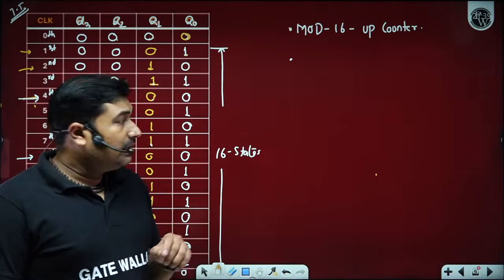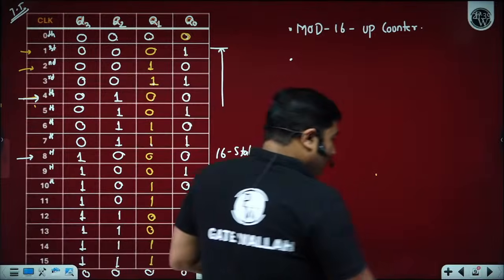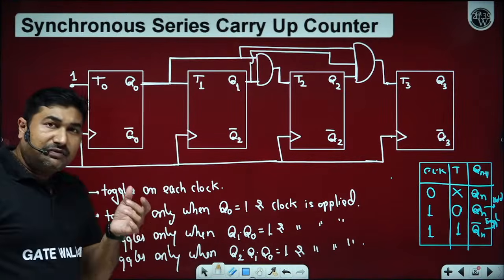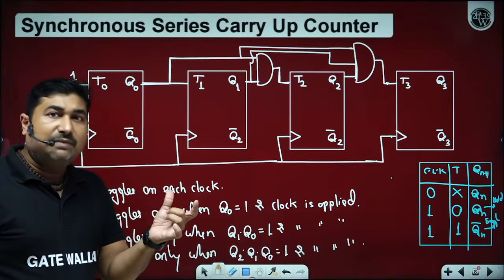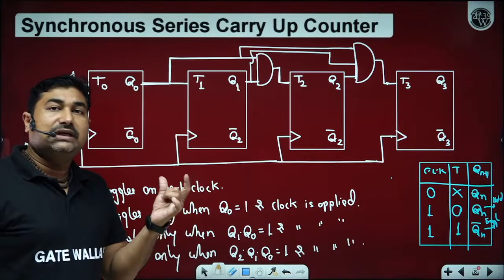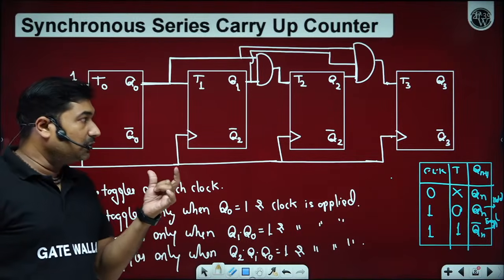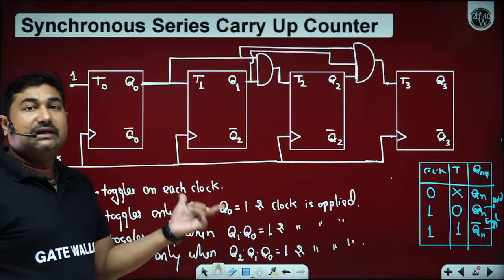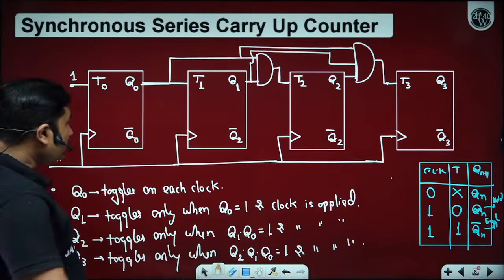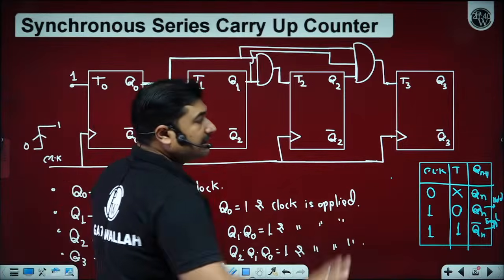Is it okay? But here, if you observe how much time period of the clock is needed, we can reduce the time period of the clock, and with the reduction of time period of the clock, you can say, sir, your speed of the counter increases. If you observe here, how much time is needed? All the flip-flops will operate at the same time.